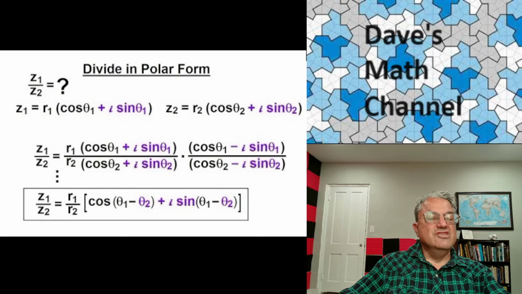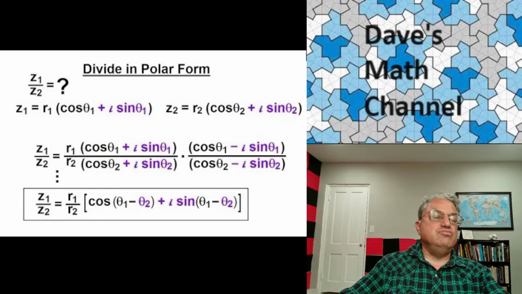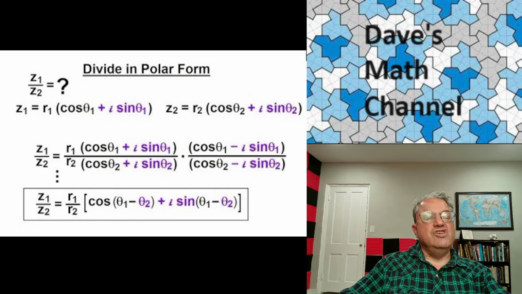minus theta 2. So this is kind of like the rule I told you for multiplying two complex numbers in polar form. The only difference is here we're subtracting the arguments and dividing the absolute values. So when you divide two complex numbers, z1 divided by z2, the absolute value of the result is going to be the quotient of the absolute values of the numbers you started with, just r1 over r2, and the argument is going to be the difference, theta 1 minus theta 2.